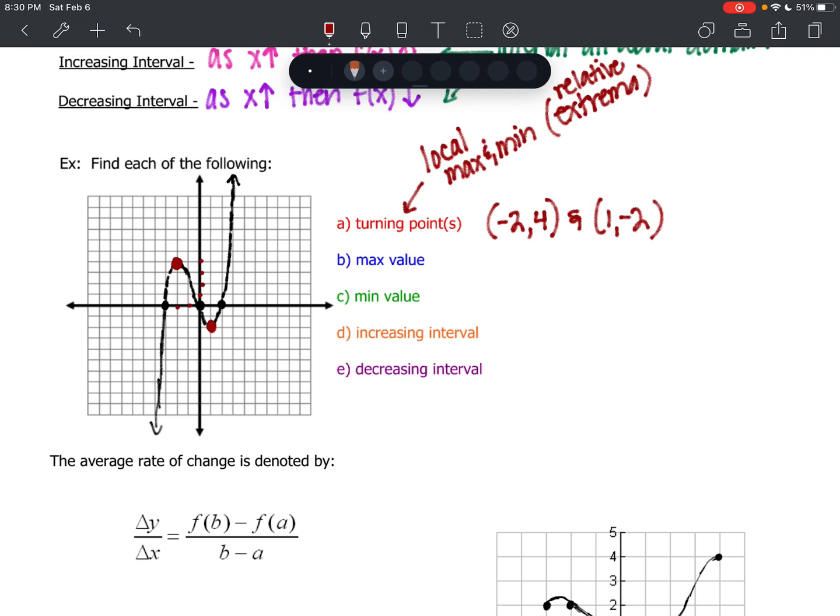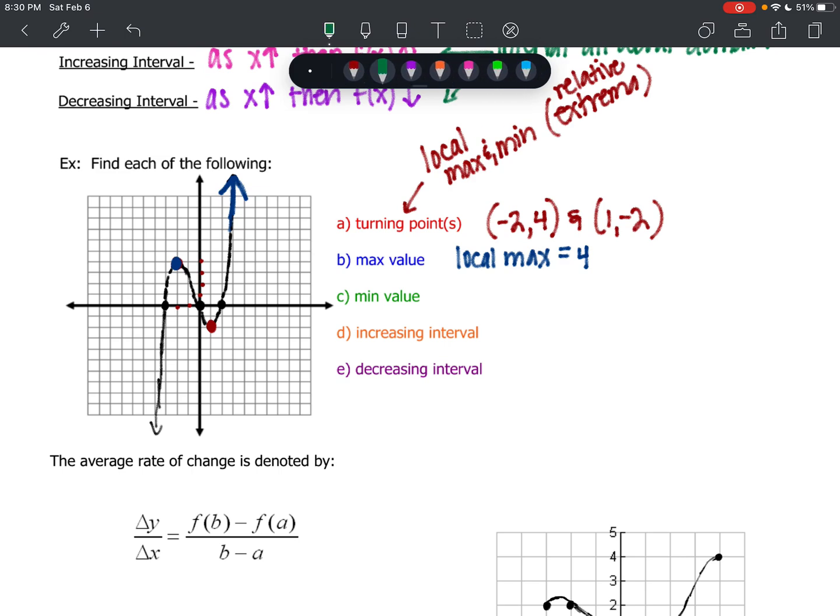Now our max value, there is no overall max value because this graph is going up forever. However, it has a relative or a local max. It has a local maximum at y equals 4.